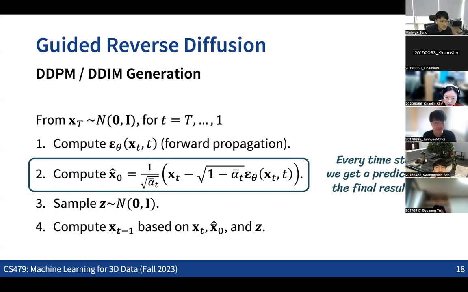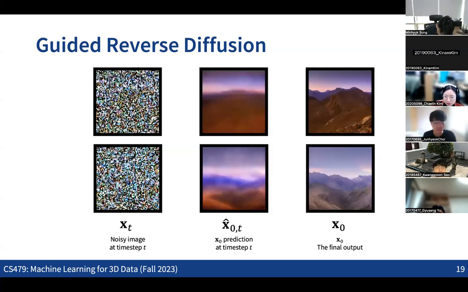This is one of the examples where we have a noisy image at some arbitrary time step t. These are some of the images that we could get in the real reverse process, and these are some of the results at the very beginning steps, going from 1000 down to 1.